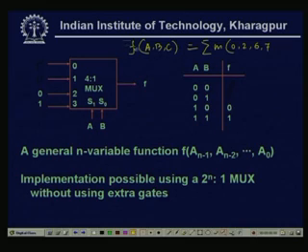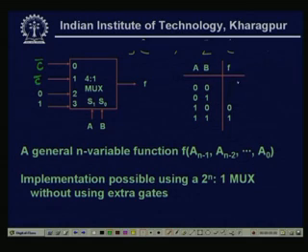Okay, we can tell that in the design we have just seen, A B are the two select lines and the primary inputs are C bar.